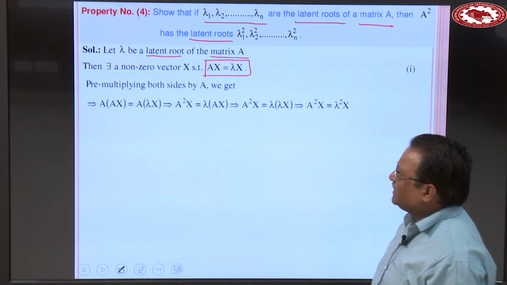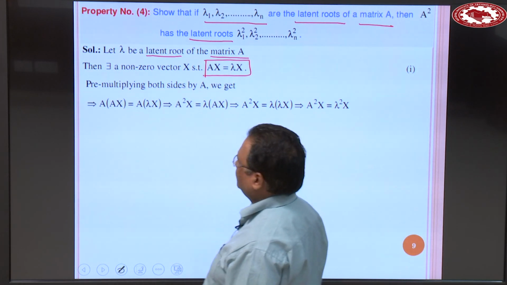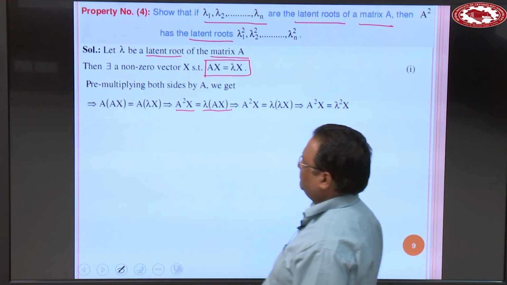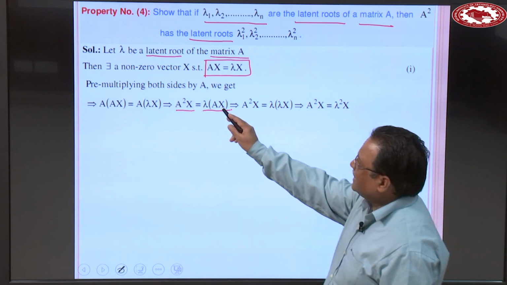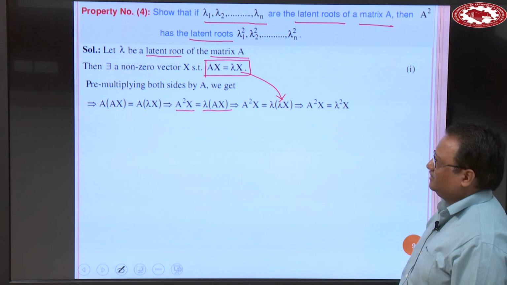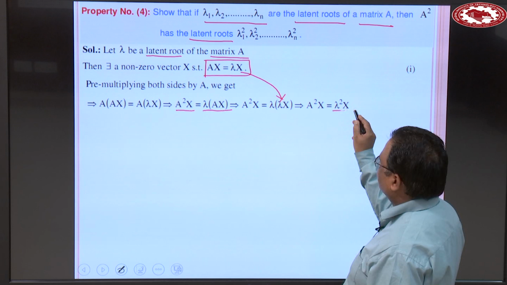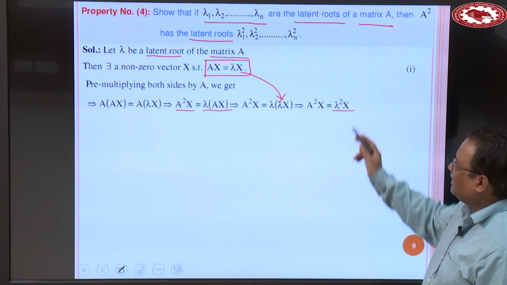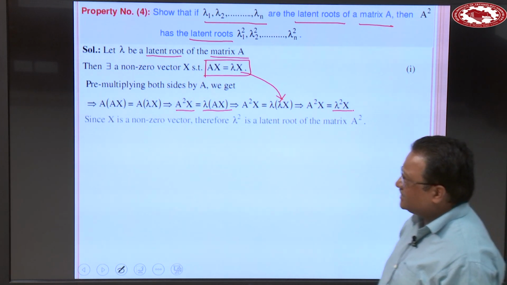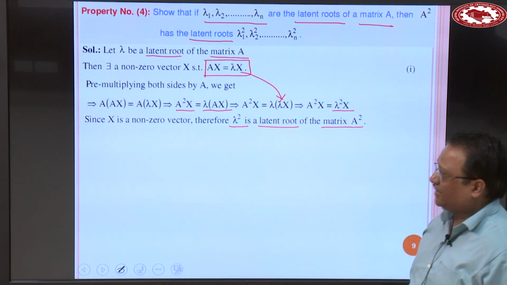Pre-multiplying both sides by A, we obtain A A x is equal to A lambda x, so A square x is equal to lambda A x, and Ax we know is lambda x. So A square x is equal to lambda square x, which means lambda square is an eigenvalue of A square, since x is a non-zero vector.